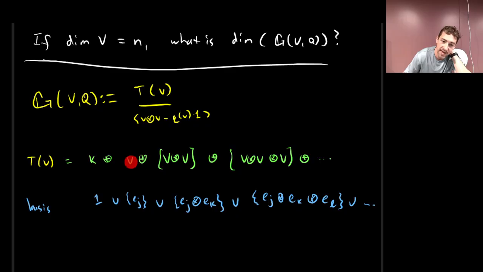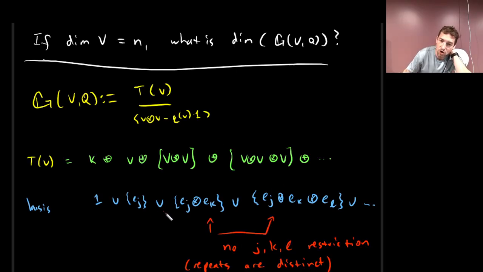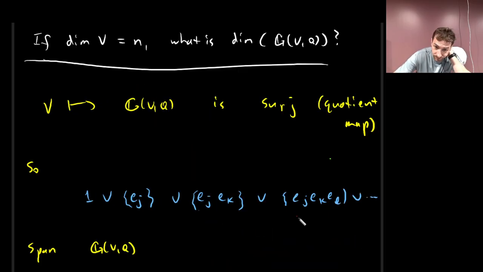Our E1 through EN are going to span this. Our tensor products of EJ with EK, where repeats are distinct. So like this is E1, E2, that's different than E2, E1, for instance, and so on. So obviously this thing is infinite dimensional, and it's big, and there's no restrictions on any of these things. Why do I bring this up?